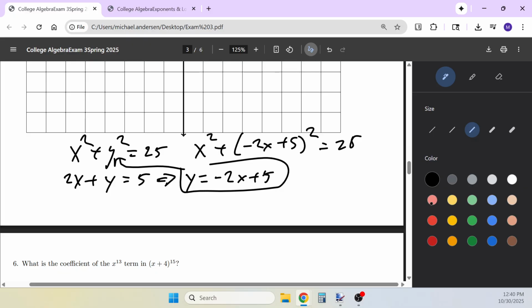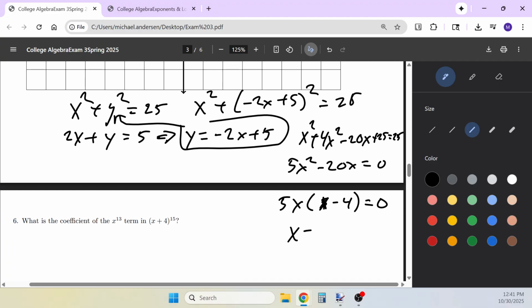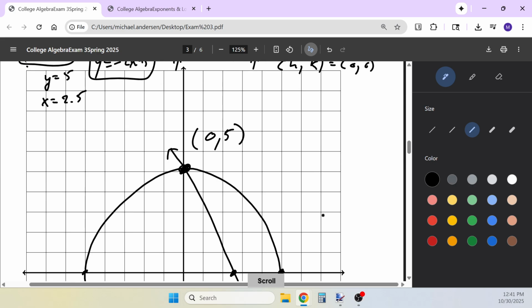We're going to multiply by 5, so we get 5x squared minus 0x times 5x minus x. Then x equals 0, or the coordinates here are 4 equals x, and then we figure out y.